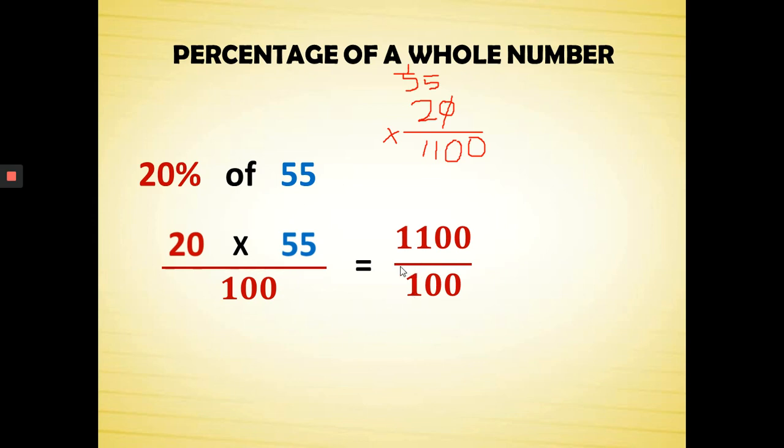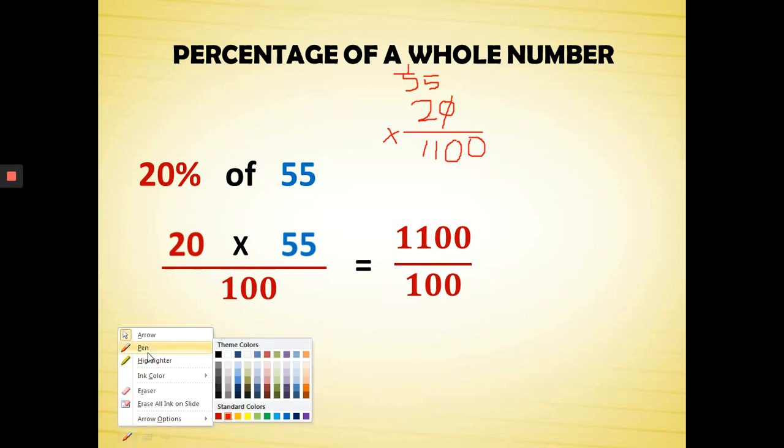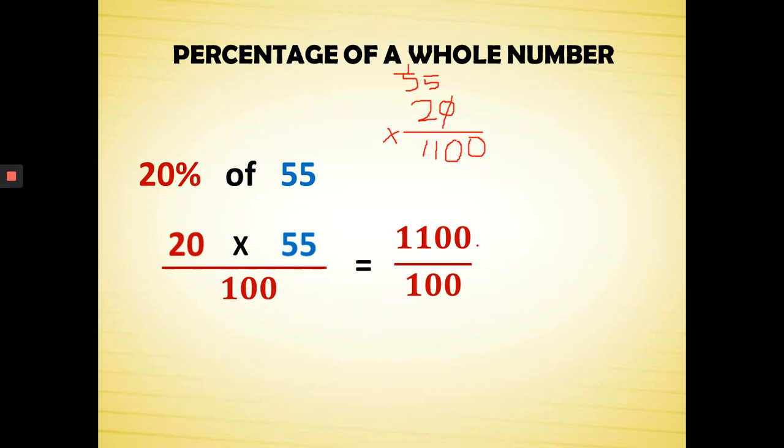Now, as I've said, that means divide, right? 1,100 divided by 100. To get the answer, you just count 2 places to the right. 1, 2. And then there's a decimal point. So we get 11. Why is that only 11? Because after the decimal point, you can just remove the zeros. Okay?